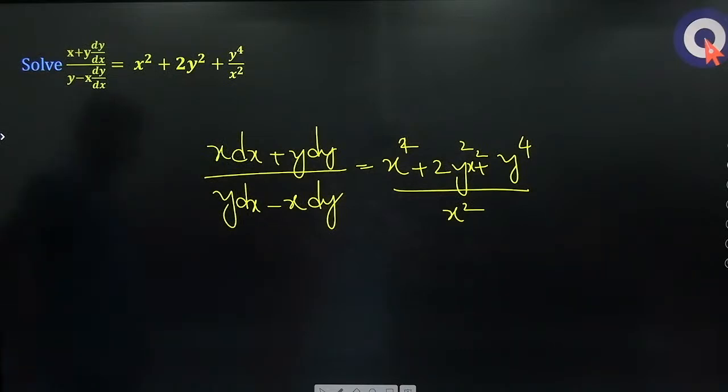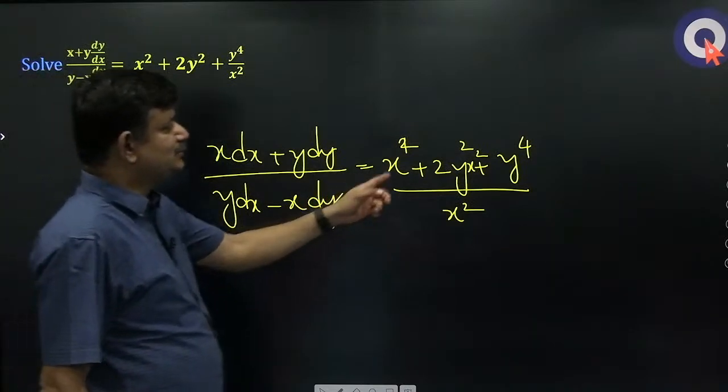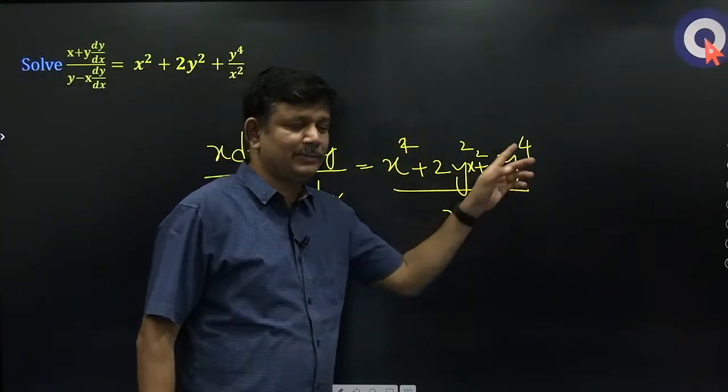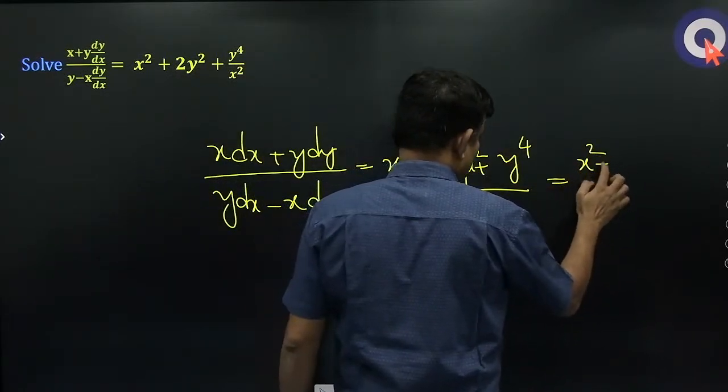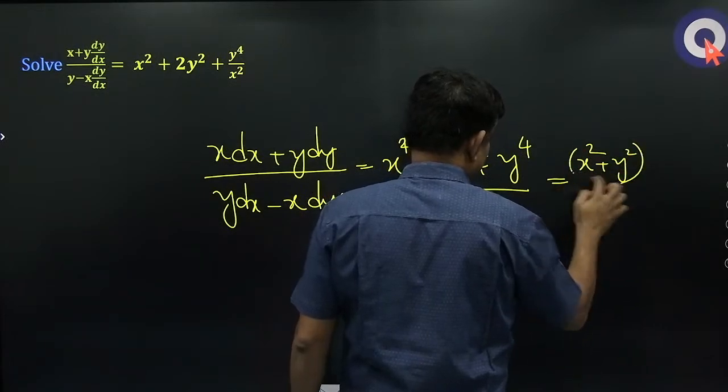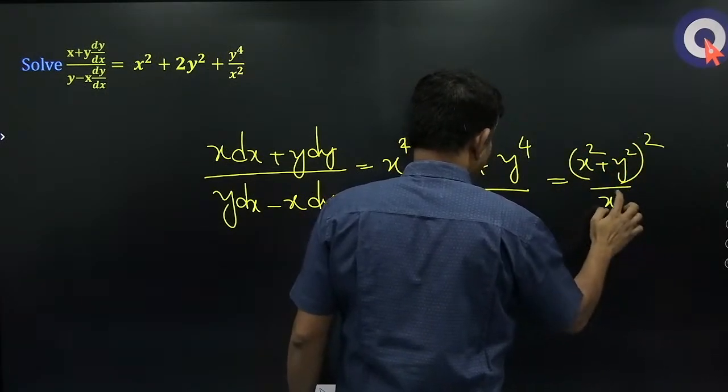So can you identify numerator? It is x power 4 plus 2x square y square plus y power 4. This is nothing but x square plus y square whole square divided by x square.